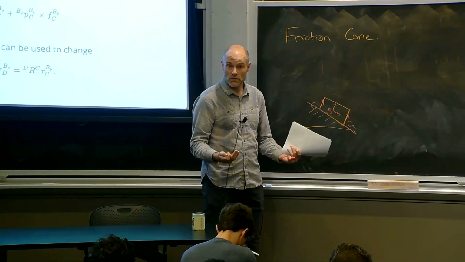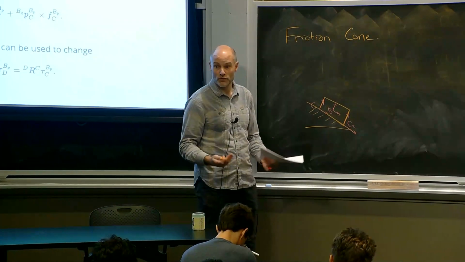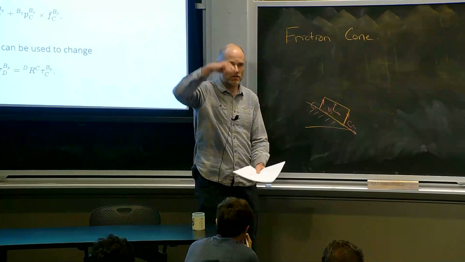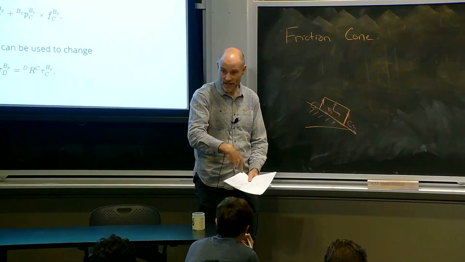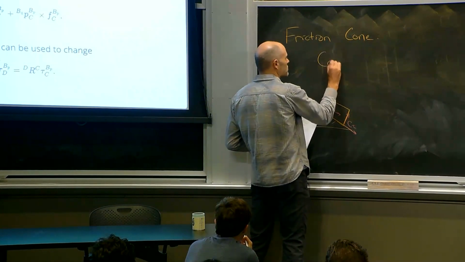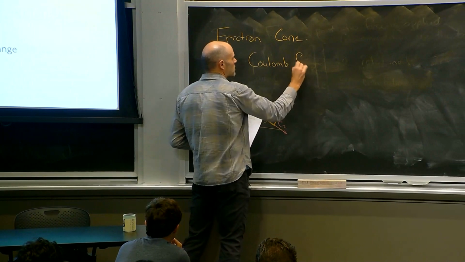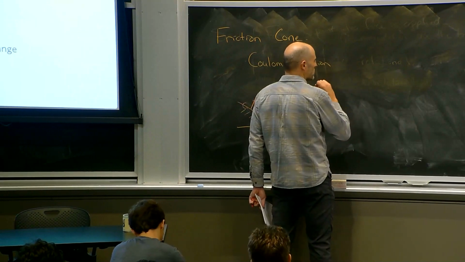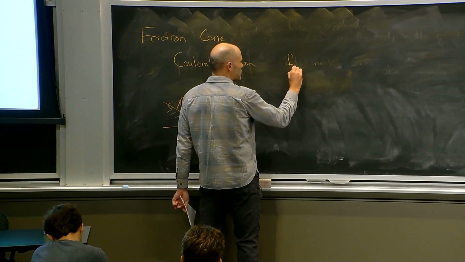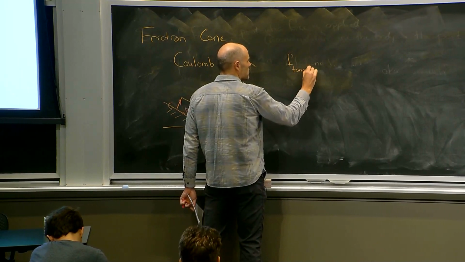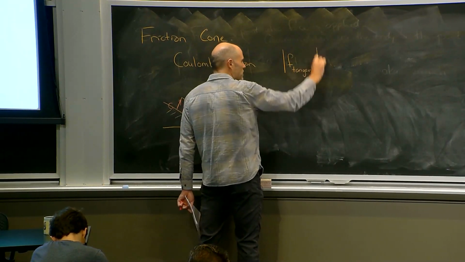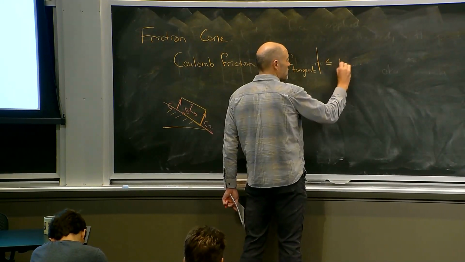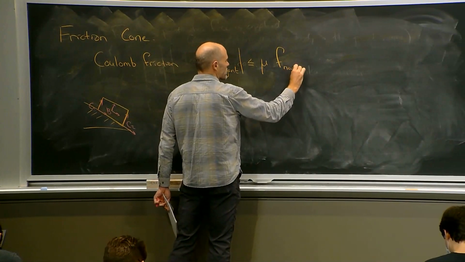It turns out the most common model of friction is Coulomb friction, which says that the magnitude of the horizontal force is proportional to the magnitude of the normal force in the contact frame. So Coulomb friction, if I can write it in shorthand first: the magnitude of the tangential component is proportional to the magnitude of the normal component.